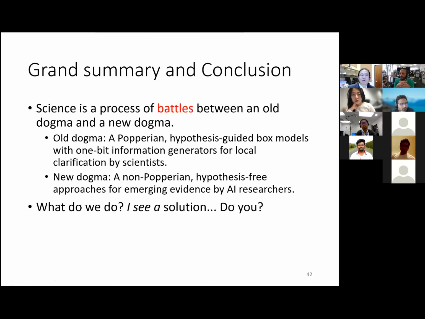So in my grand conclusion, science is, after all, the process of the battles between the old dogma and the new dogma. By old dogma, I mean the Popperian hypothesis-guided box models, and they're very protective, right?